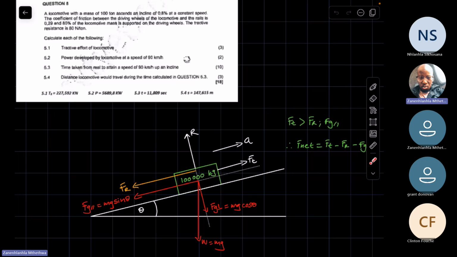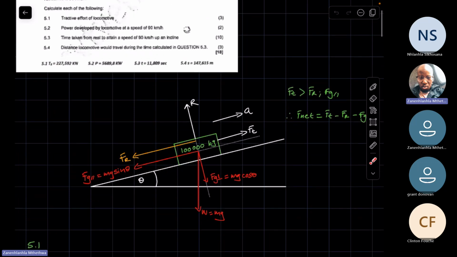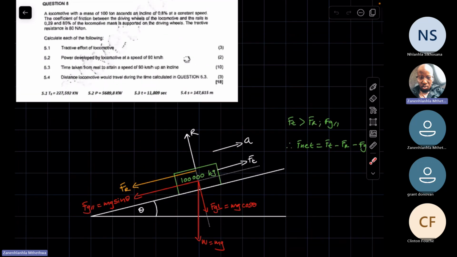In dynamics, drawing the free body diagram solves at least half the problem, because from this you know where each of the forces are acting, and the direction of those forces.